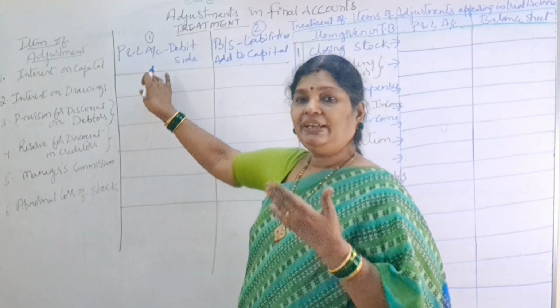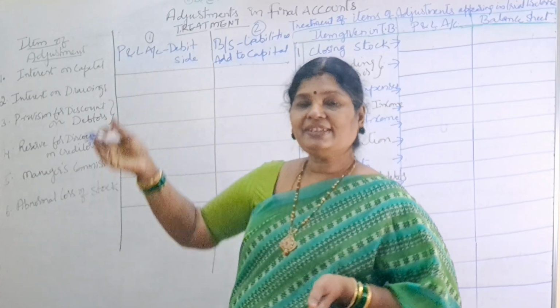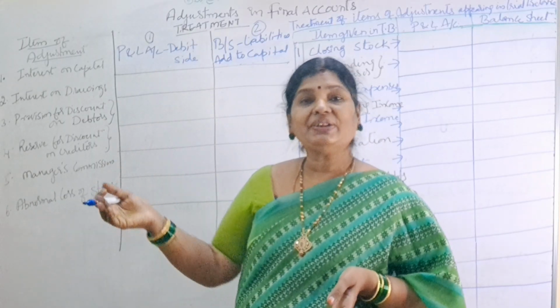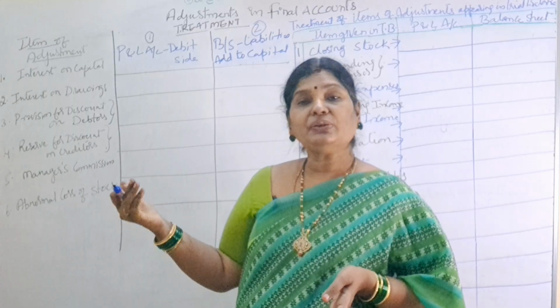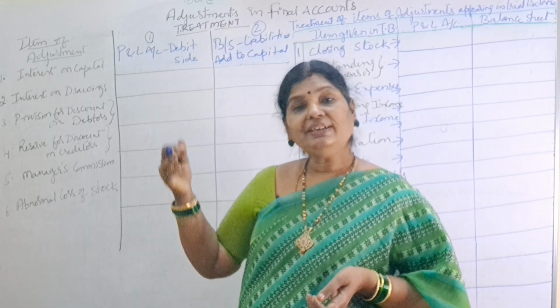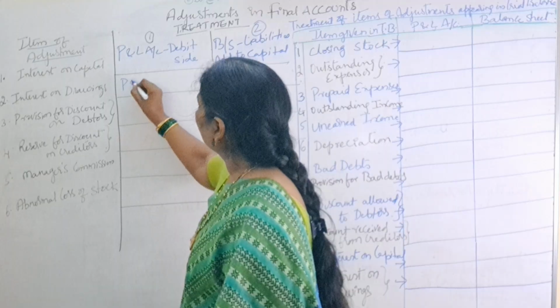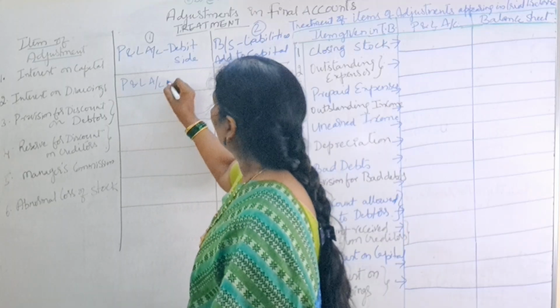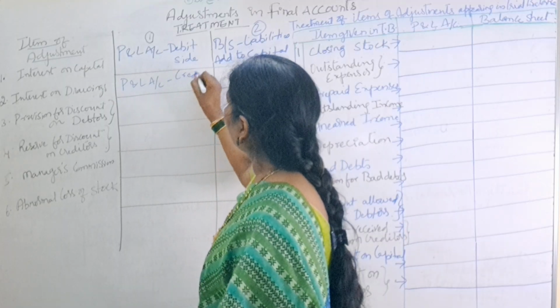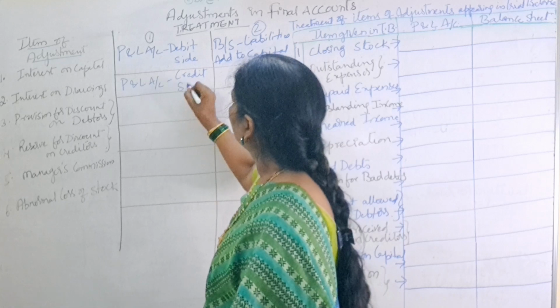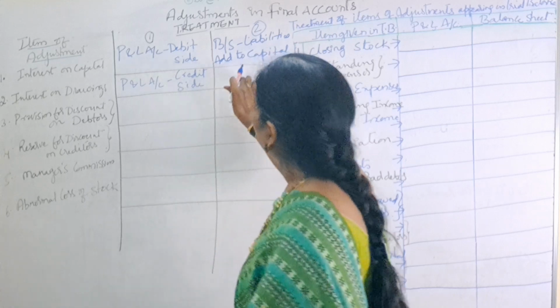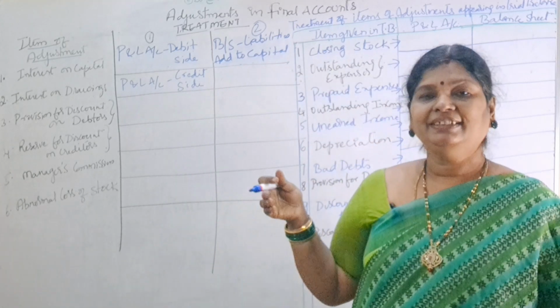So here what will you do? What's the first effect? Go to profit and loss account and show on the credit side, because it is our income. How will you show it? As interest on drawings, on the credit side of profit and loss account. Next, what is the second effect?